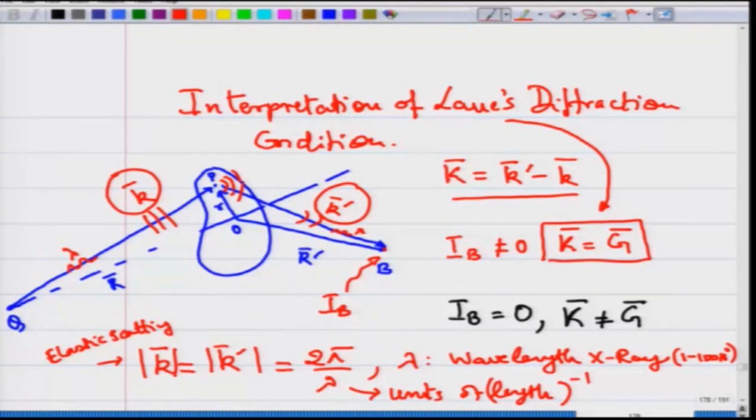And the units of wave vector are length inverse. So the space where you can plot these wave vectors is reciprocal space, because in reciprocal space you sketch things in units of length inverse. For every crystal you can draw its reciprocal lattice in reciprocal space, and you can also draw the incoming and outgoing wave vectors.